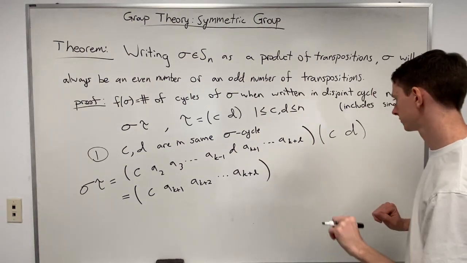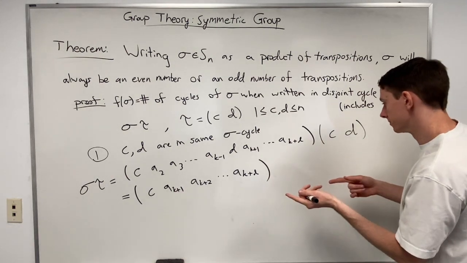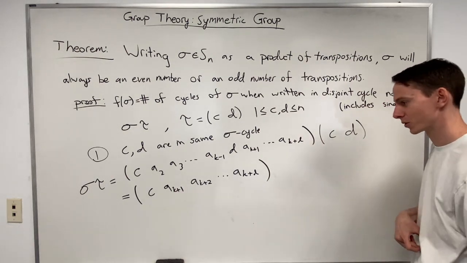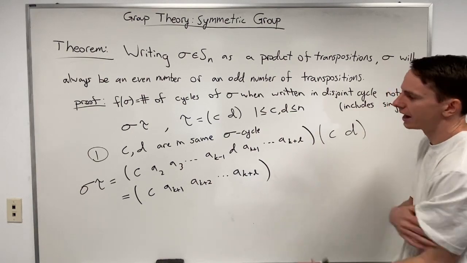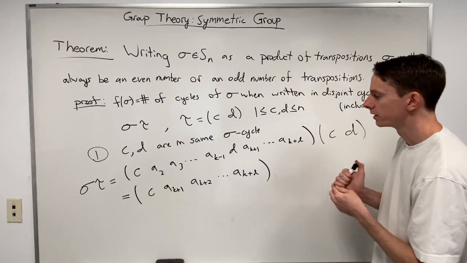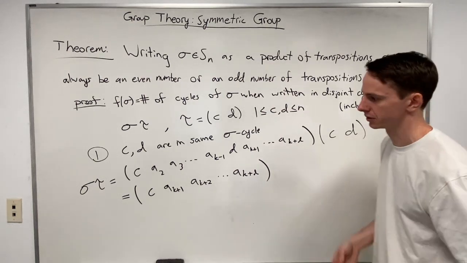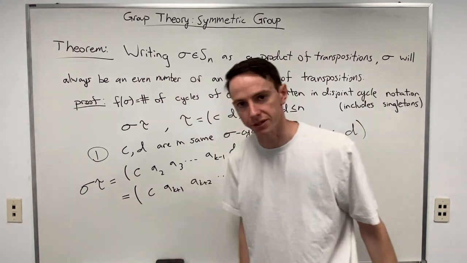Hopefully that makes sense. Now let's say we have the other input. We have D as our input. And actually, just to make sure that we understand why it stops at A sub k+l, let's say that A sub k+l, this final element, is the input to this permutation sigma tau.